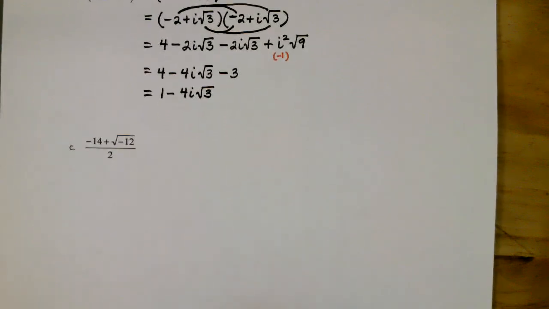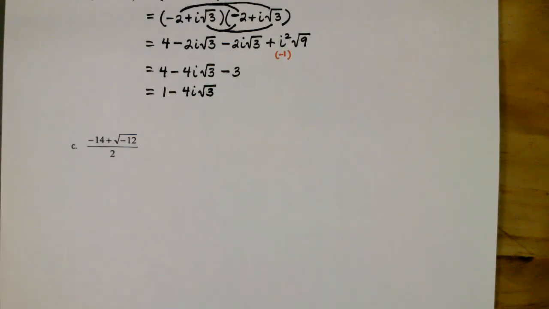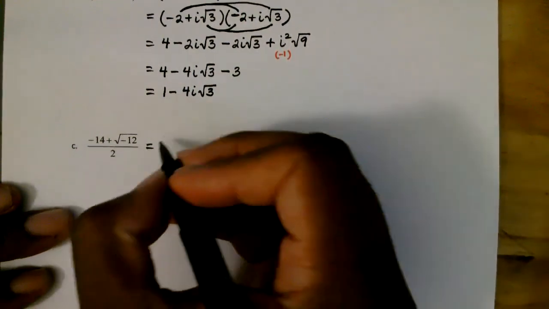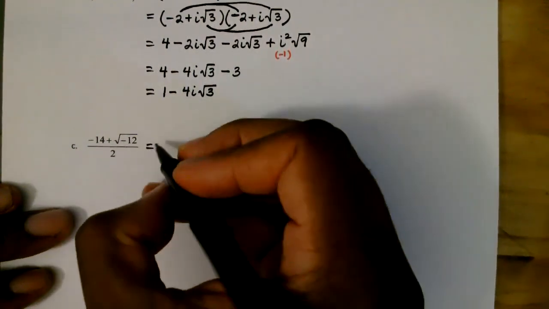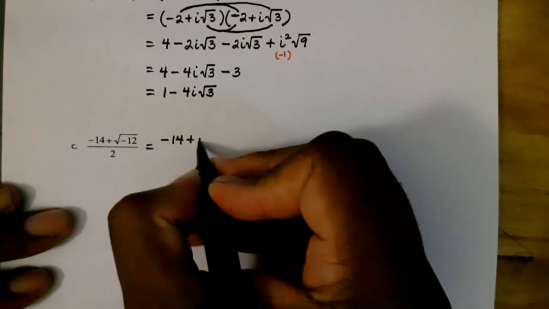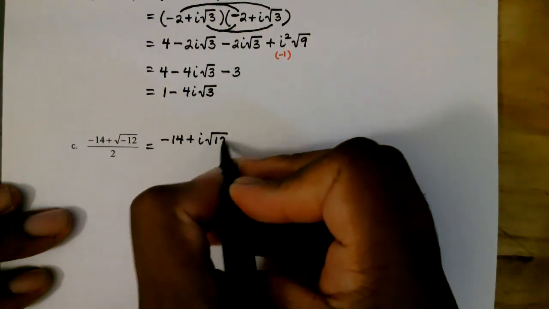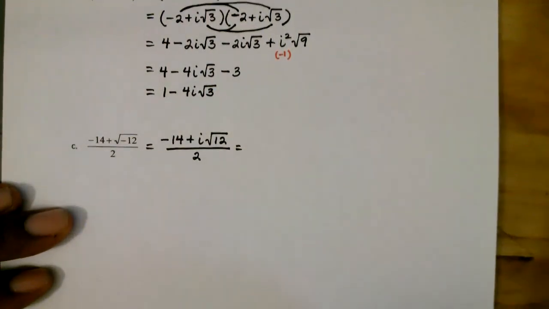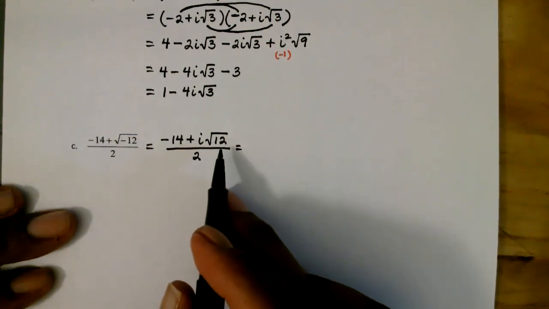And finally, negative 14 plus the square root of negative 12, all divided by 2. Okay, there is a negative underneath the square root, so the i comes out. So it's negative 14 plus i square root of positive 12, over 2. Well, for the square root of 12, it's not a perfect square, so I need the largest perfect square that goes into 12.